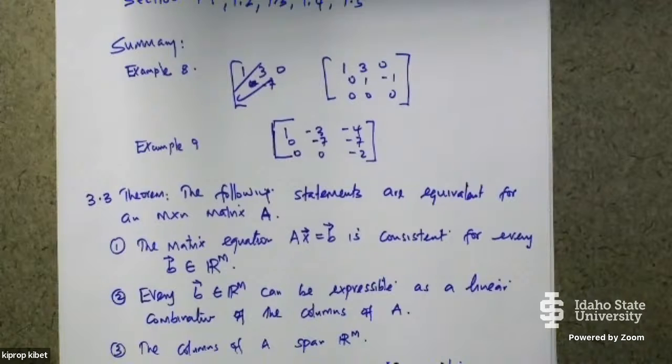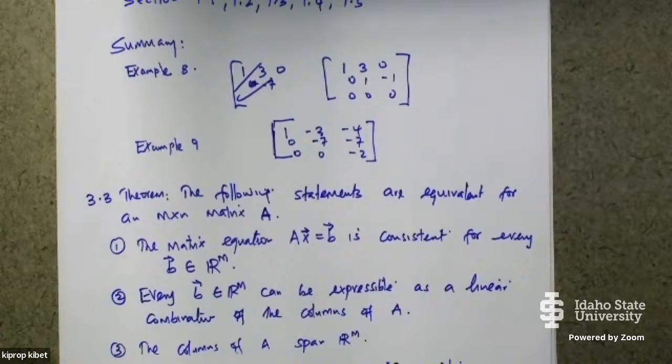It should be consistent. Number 9? Yes, this one is consistent. Because you see this, so we had another column here, right? Oh, so that's not the augmented. Yes, this one is what I meant. So you remember we had B1, B2, B3.